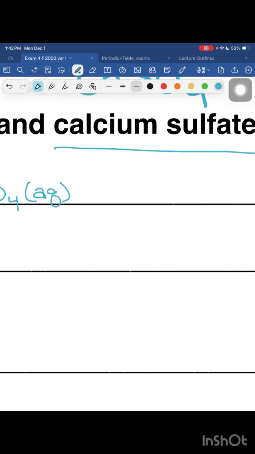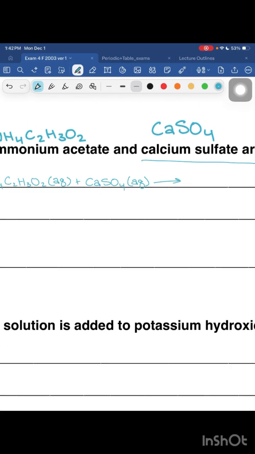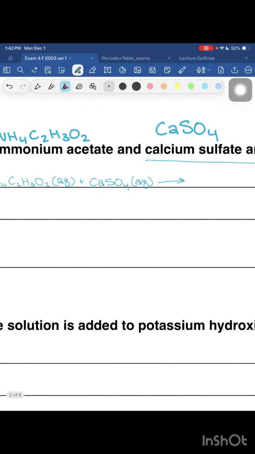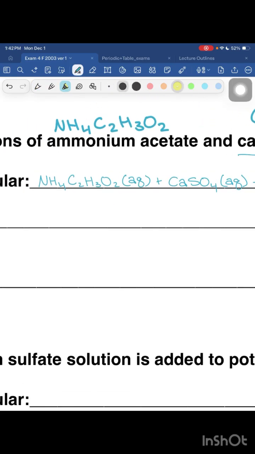Now we're going to write our products. NH4 is going to now go with the sulfate, and acetate is now going to go with calcium.